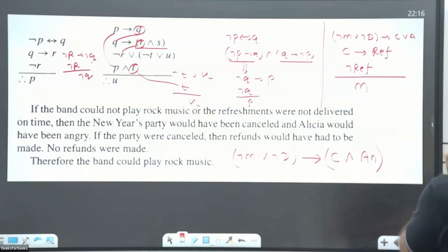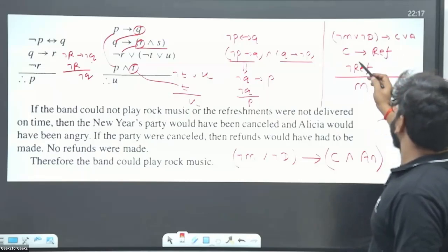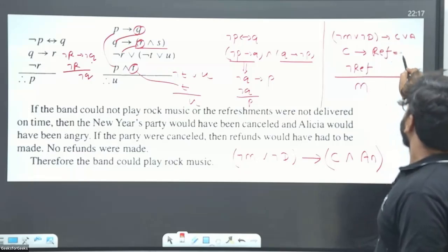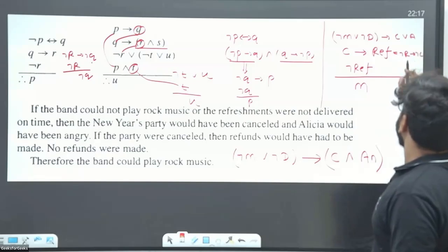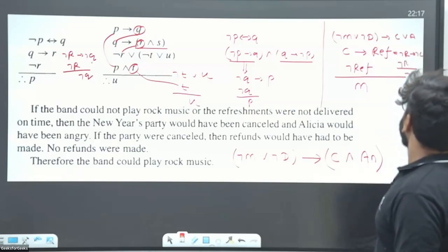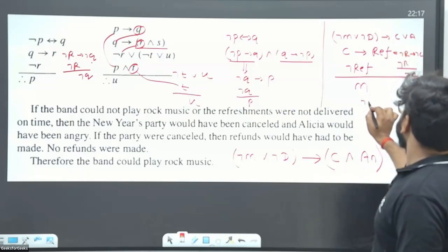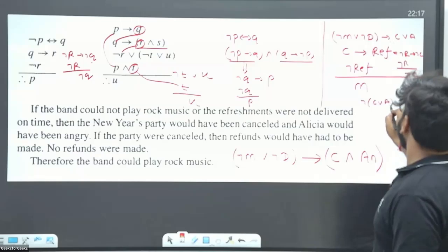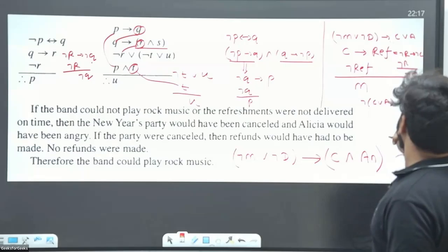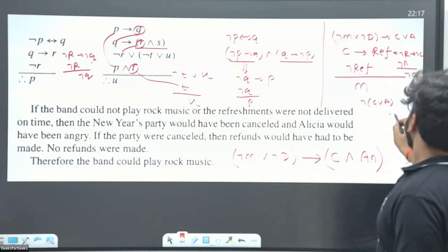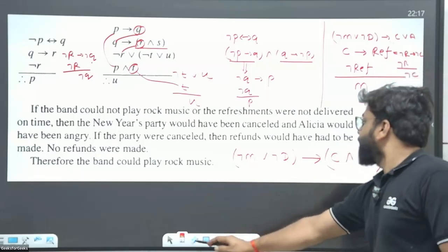Okay. So if you take the contrapositive of the second one, negation of R implies negation of C. From negation of R, you will get negation of C. Take the contrapositive here, what will you get? You will get negation of C or A. This is AND, right?